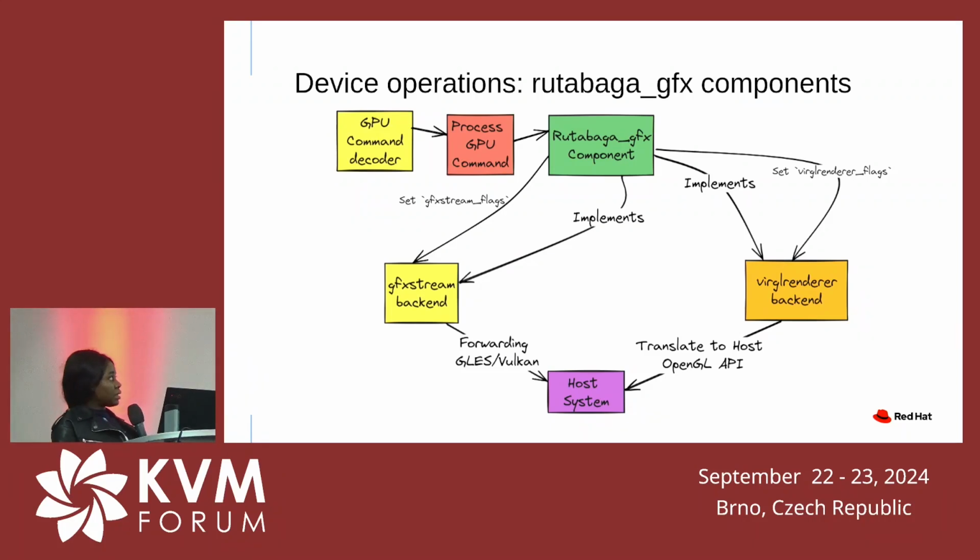Similarly, the same thing happens for the gfxstream backend. It would convert it to OpenGL, OpenGL ES and Vulkan API calls, and forward it to the host through the gfxstream libraries. And one thing to add is that the virglrenderer backend can also forward the Vulkan API calls, but this may require some Vulkan driver setup in the guest. And depending on the distributions, not all guests have that readily available.